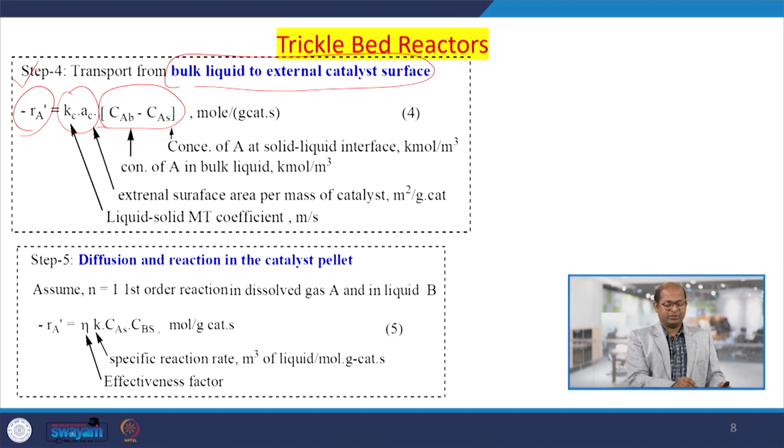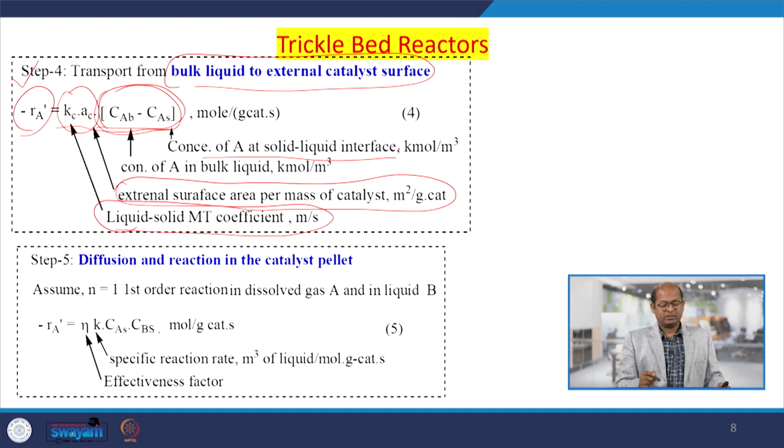Therefore, we are considering the liquid-solid mass transfer coefficient K C, the external surface area per unit mass of the catalyst, and this concentration driving force, the surface concentration and the bulk liquid concentration. So, this is for the transfer from bulk liquid to the external surface of the catalyst.